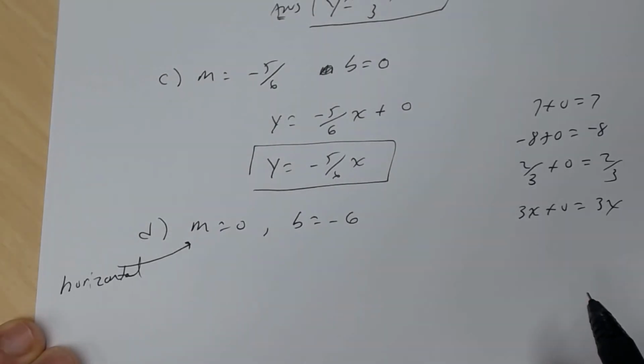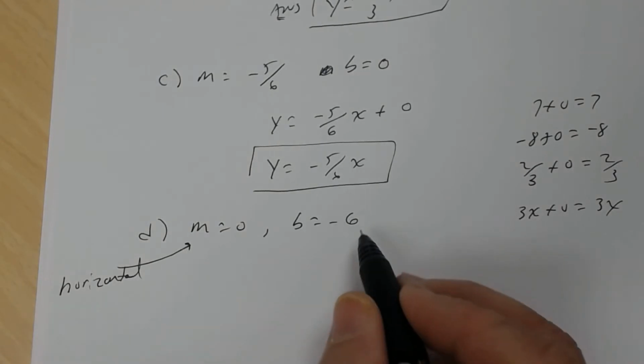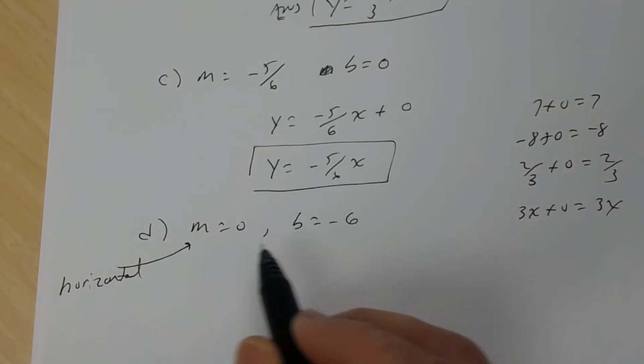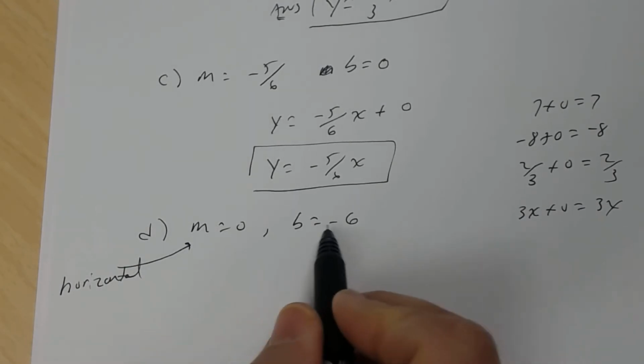So the line's horizontal. Okay, so remember when you graphed a line that was horizontal, one of the variables was missing. So let's review what that is using our current lesson. Listen carefully. I'm given the slope, which is 0. I'm given the y-intercept, which is -6.